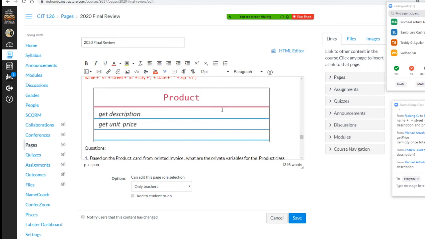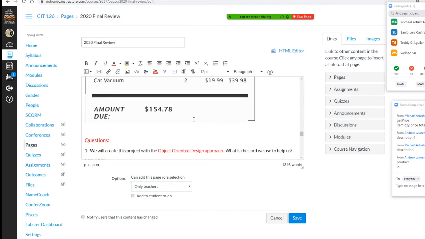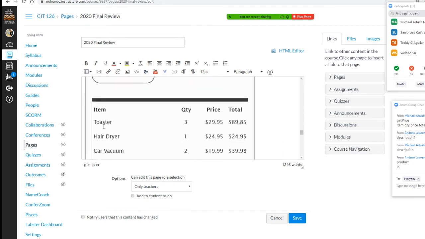Object-oriented is encapsulation. It's already packaged. So the description and the price already being packaged as a unit. That unit is called what? Product. Thank you, Andrew. I almost cried. Yes, product. So right here, it's a product.